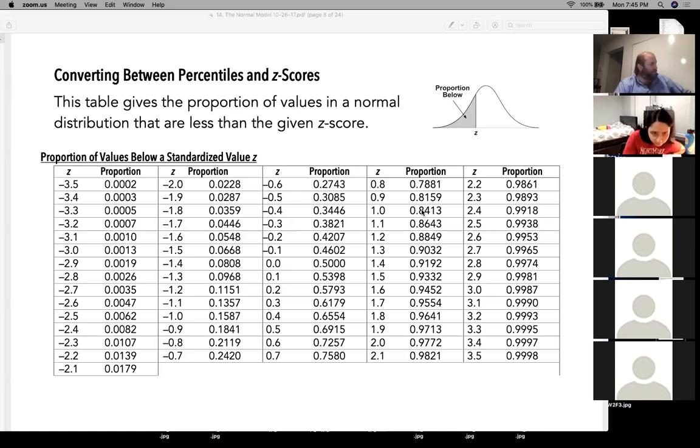No, I just said, does having a value of 0.84 with a z-score of 1 jive with the rule that I gave you of 68, 95, and 99.7? Now, don't just answer yes because you think I'm looking for it, but think about it. Does it jive that a z-score of 1 should have a proportion below equal to about 84%?